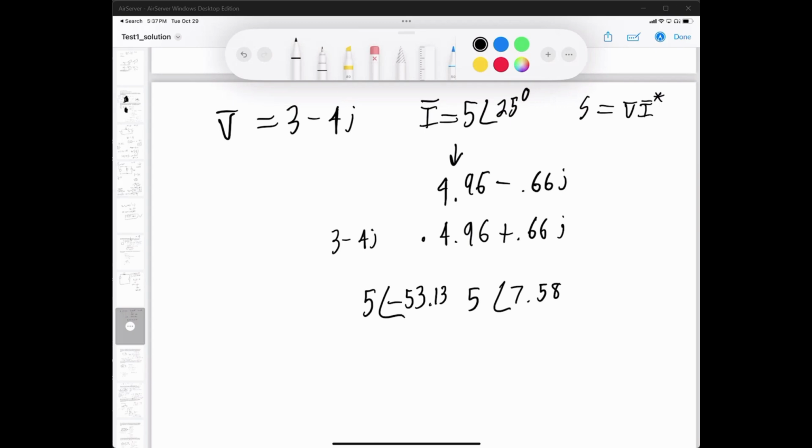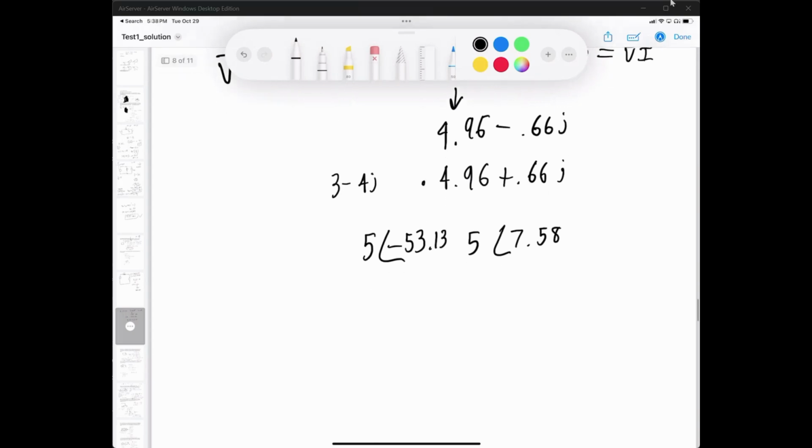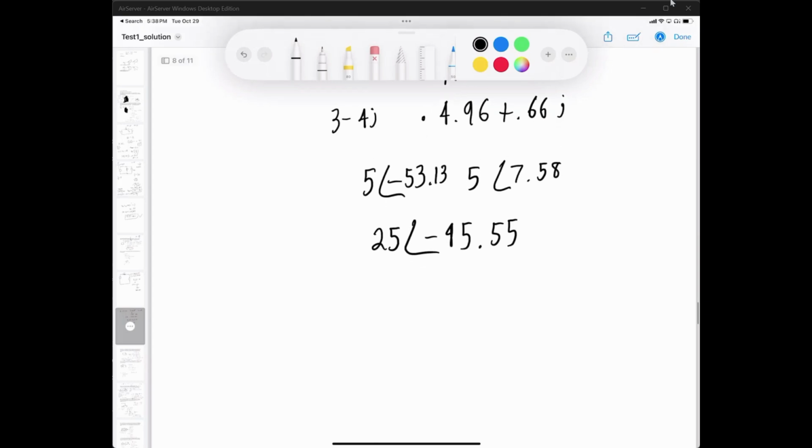So now, let's see what we get once we do all this. Hope I'm right. I'll add those together. So negative 53.13 plus 7.58. Goodness. Negative 45.55. Let's convert this to rectangular to check some of our work.